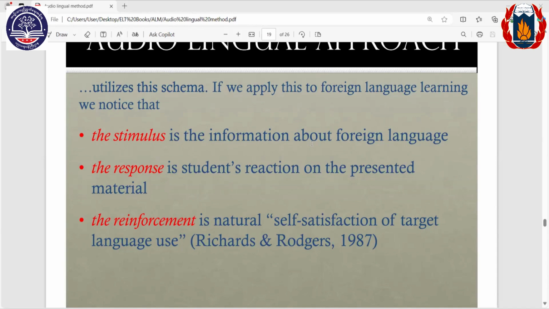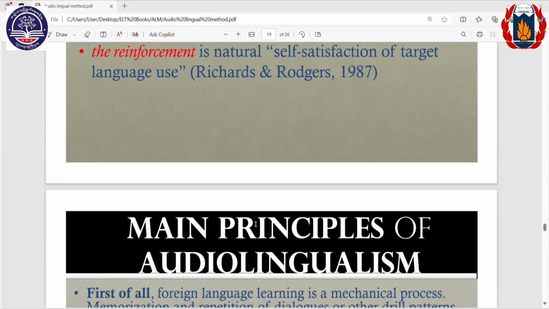Reinforcement can be given by the teacher, or the student also gets reinforcement by himself because he knows he can use the patterns very well. This is self-encouragement for him. That's why the audiolingual approach is based on behavioral psychology, with stimulus, response, and reinforcement elements.